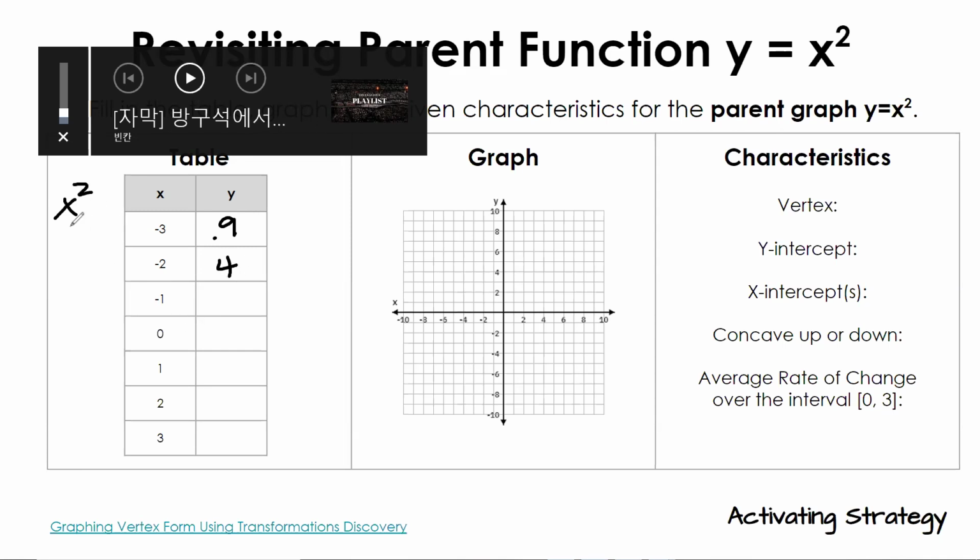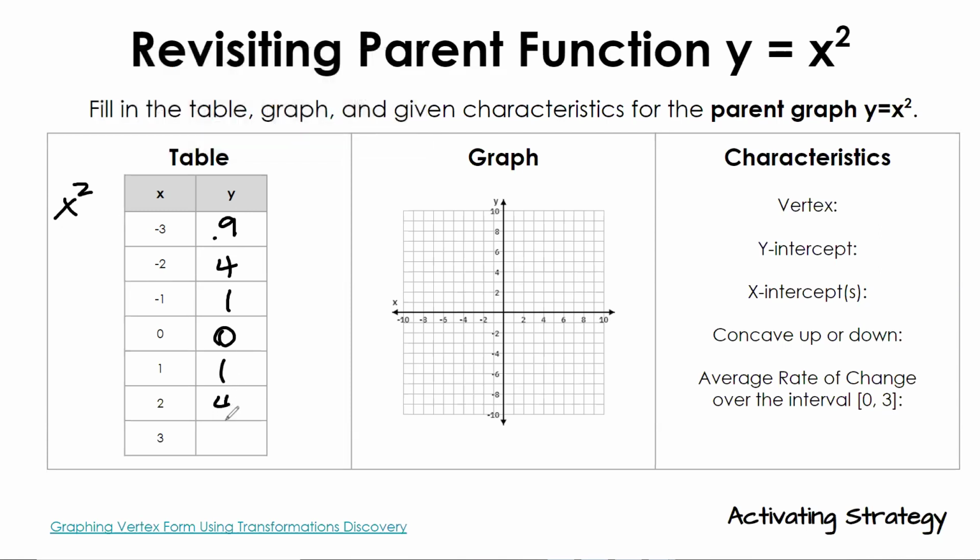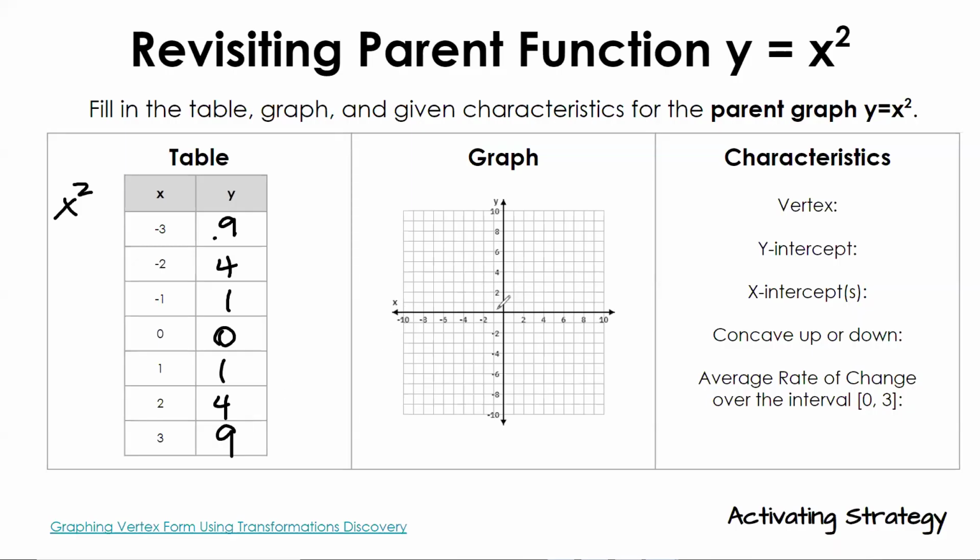If we take -1 and we plug it in, we get 1, then 0, 1, 4, 9. So all I did was substitute these numbers into this equation. Okay, so we're going to graph these points really quick. (0, 0), (1, 1), (2, 4), (3, 9). Same thing on the other side.